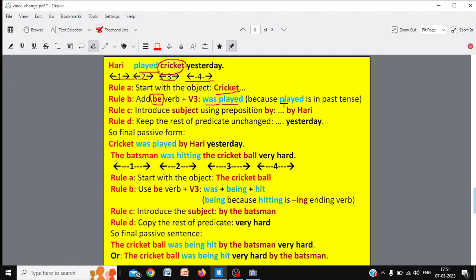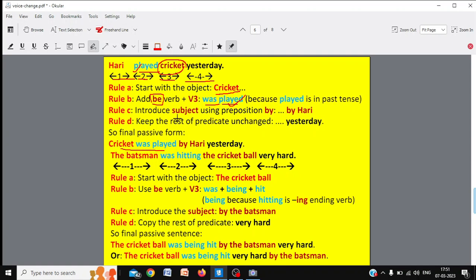Note that here it was in V2 form, but here it is in V3 form. But in the case of play, both V2 and V3 are identical. So we have was, that is the be verb, past tense, was played. So we get cricket was played.